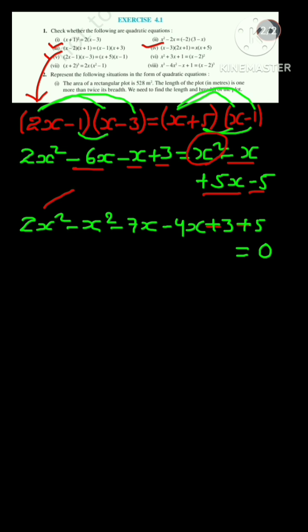Now plus 2x square minus x square, we obtain x square, and here minus 7x minus 4x, after adding we obtain minus 11x, and plus 3 and plus 5, after adding we obtain plus 8 equal to 0.